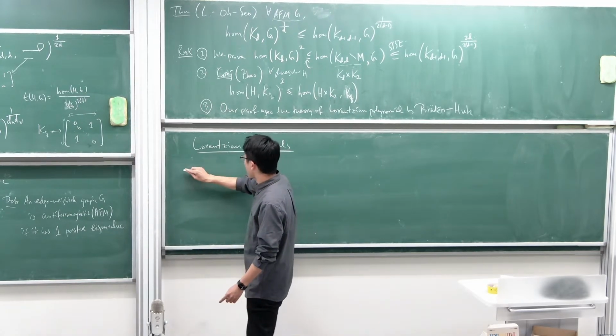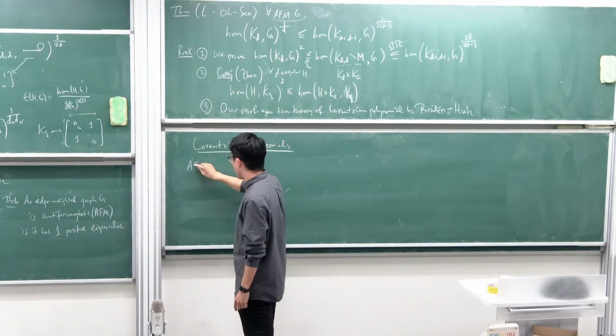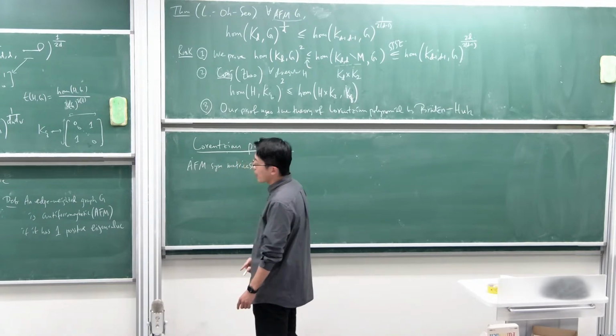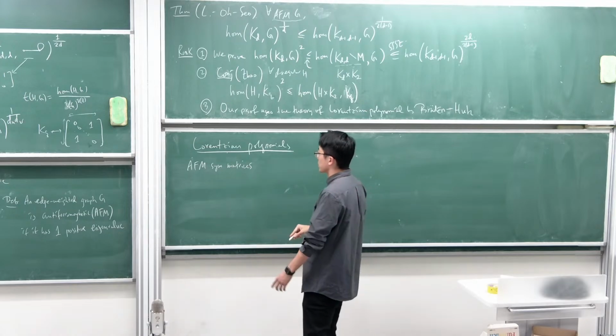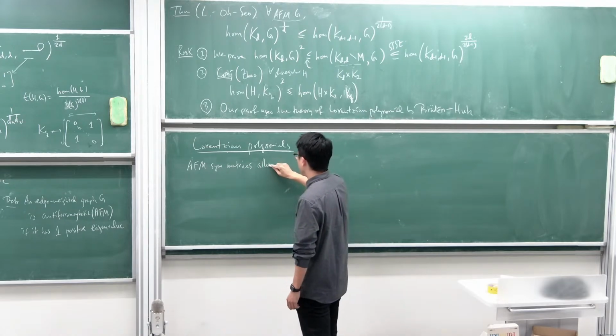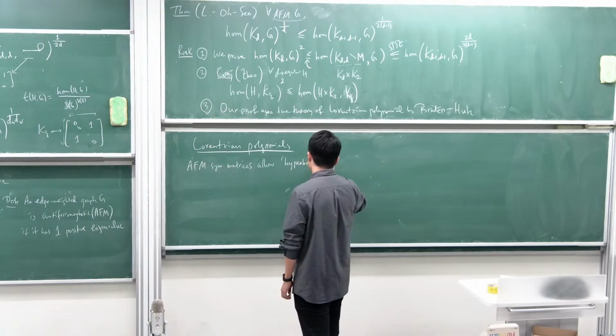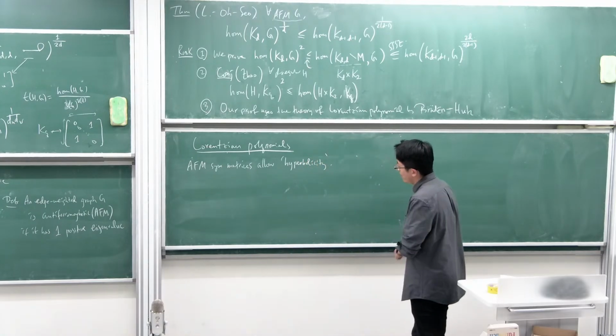Then, one remark: antiferromagnetic symmetric matrices actually have a very special property, some sort of hyperbolicity. So what do I mean by hyperbolicity?